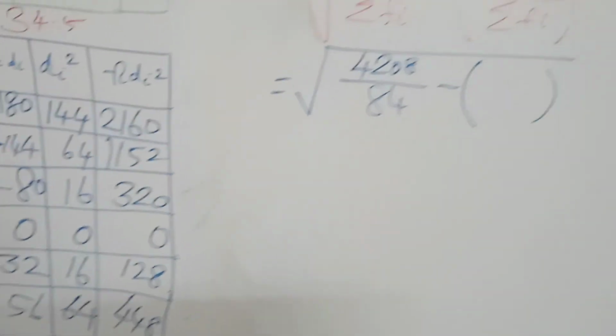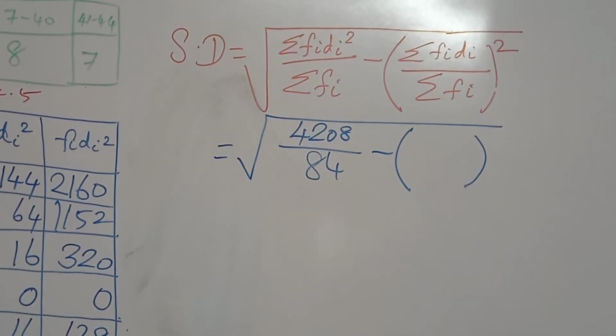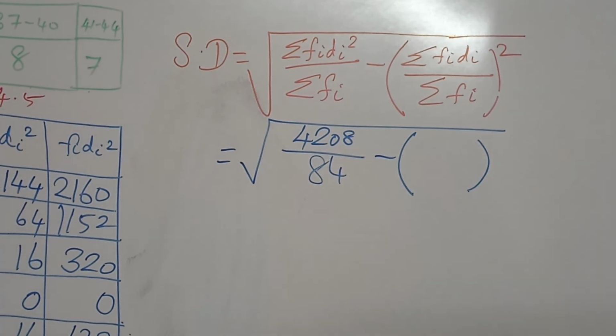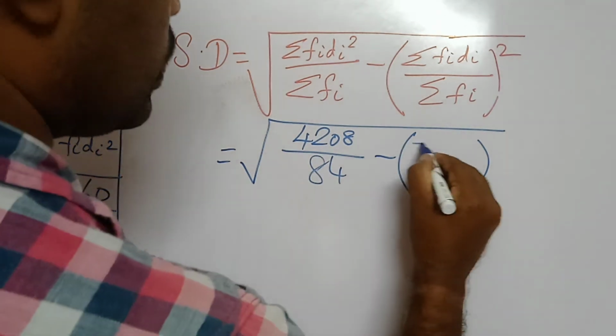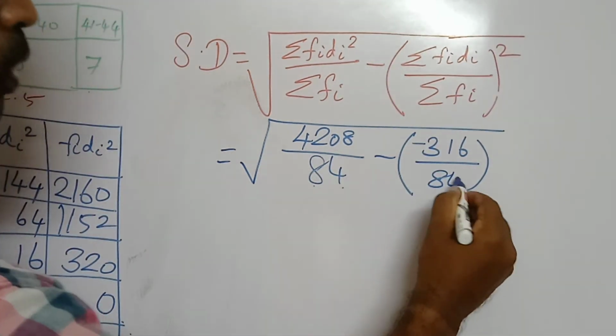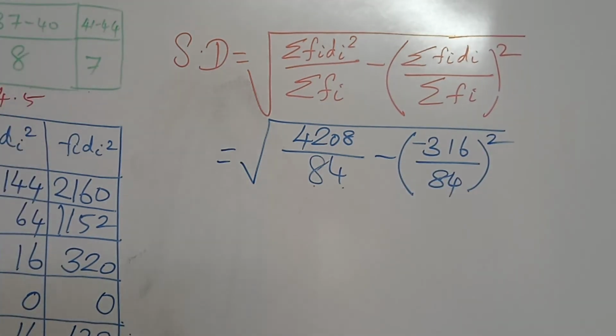So we need to mention here minus 316 whole square. Minus 316 by sigma Fi, this 84, whole square. We need to mention it whole square.